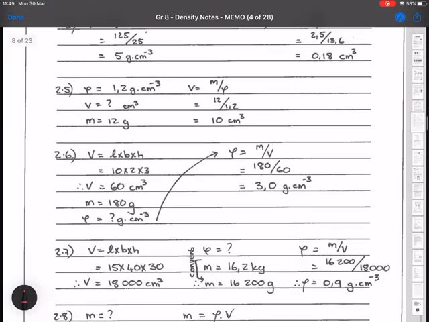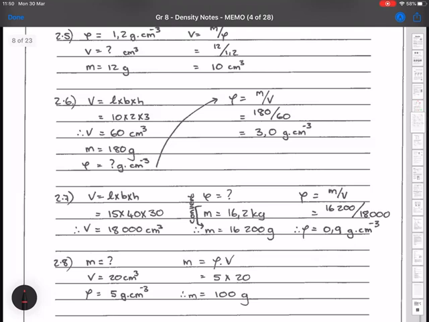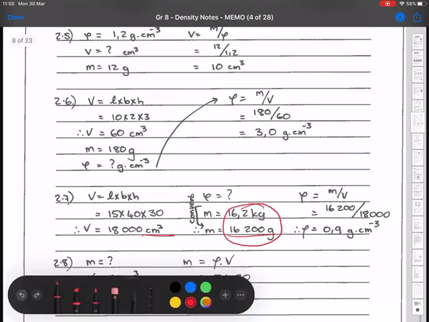So you need to do that conversion first for 2.7. There's your conversion. So once you've got grams and centimeters cubed, then it's quite easy. Take your mass in grams and your volume in centimeters cubed, and that'll give you an answer in grams per centimeter cubed.